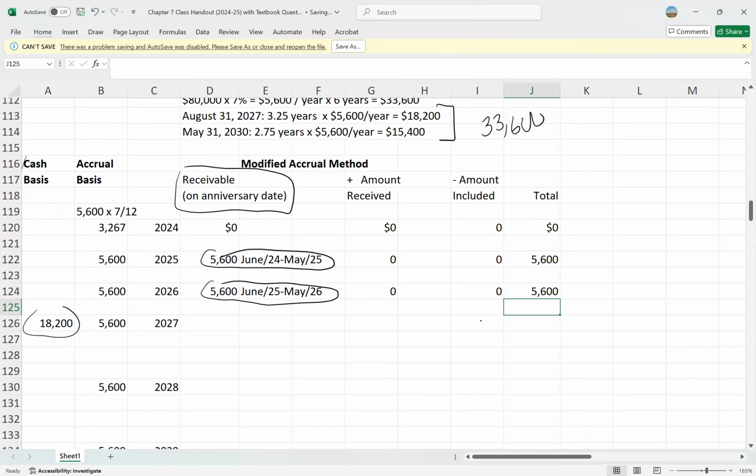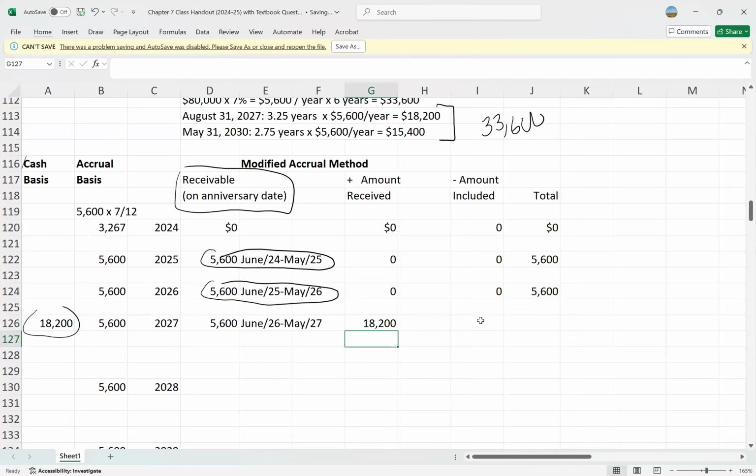Then we get to the 2027 year. So the next anniversary date would be from June 2026 to May 31st, 2027. Another 5,600 has accrued, but this is the year we got paid the 18,200. Now the 18,200, if you remember, was for the first 3 years and 1 quarter.